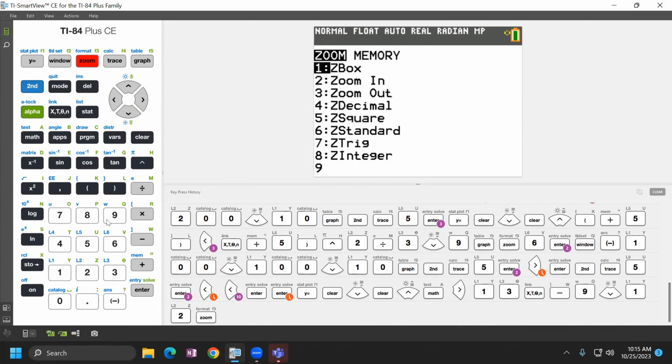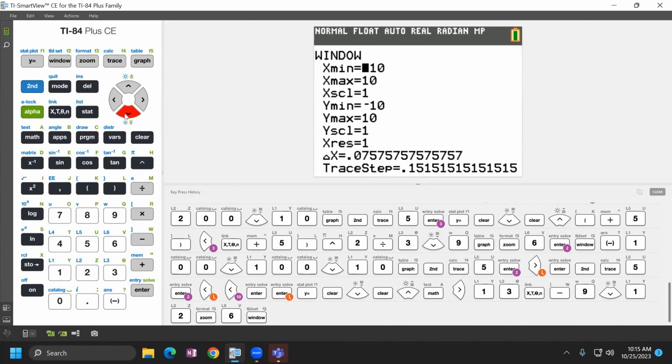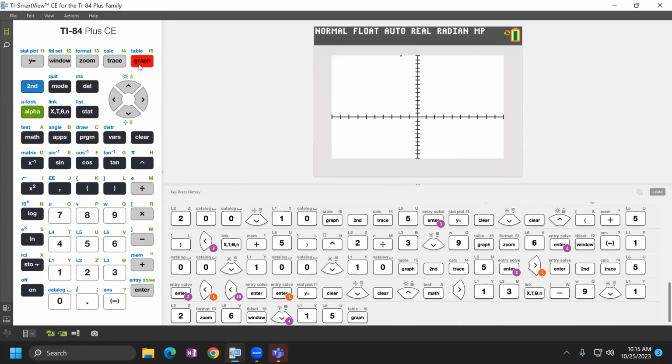And I'm going to do a zoom standard. I'm going to have to change my Y window to encompass that 12. I'll make it 15. So where is this absolute value graph less than 12?